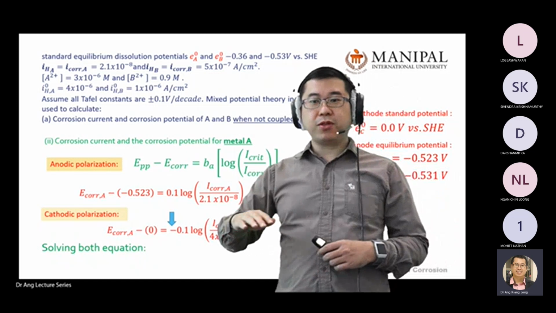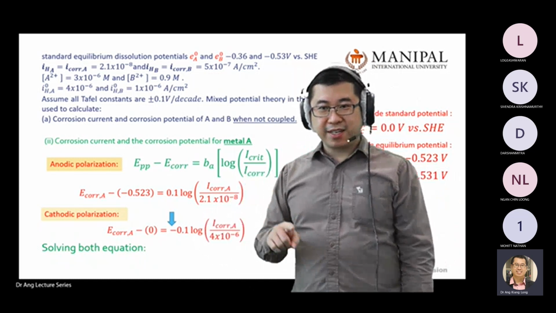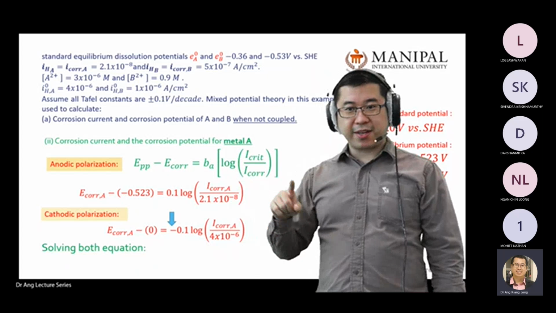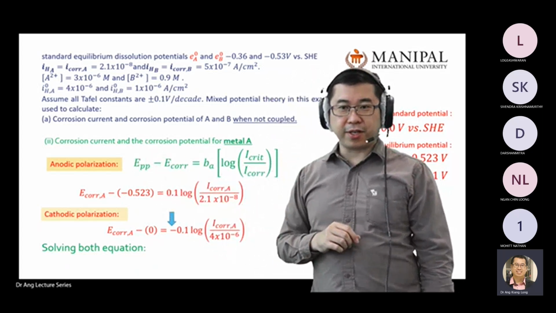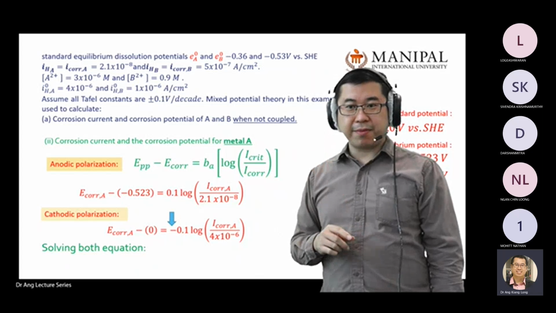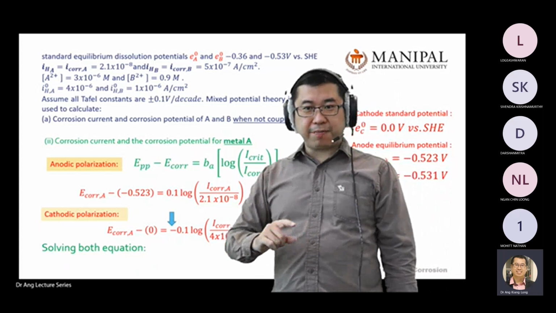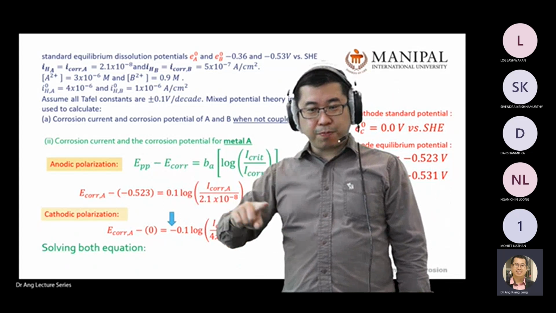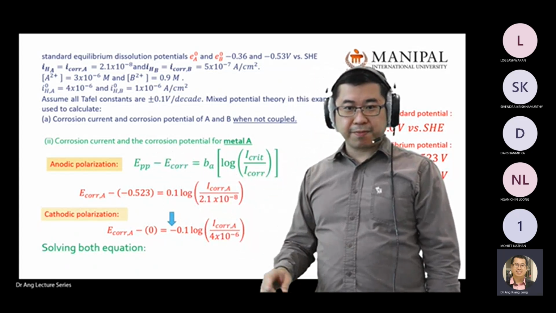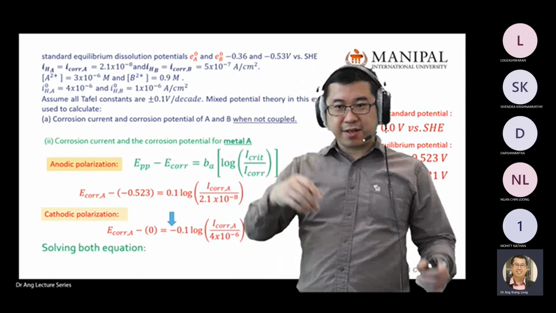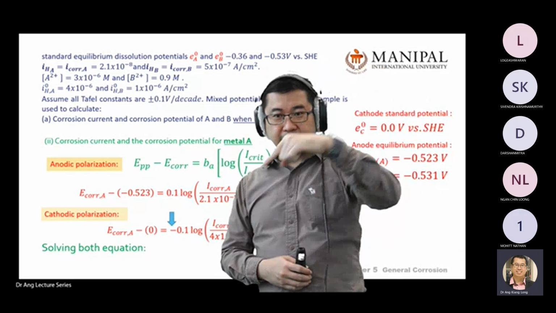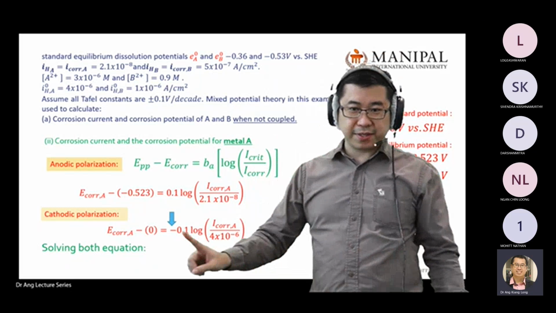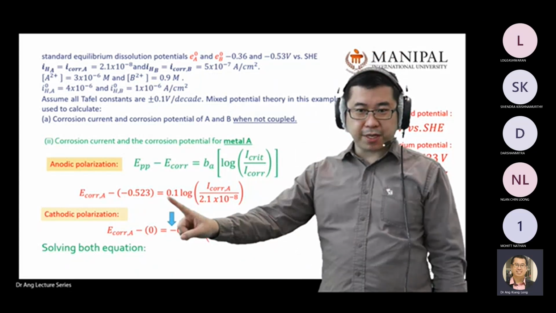What happened to the anodic line? Anodic line, positive line, right? The line for the anodic on the Evans diagram? When you plot anodic, what happened? The line goes with a positive gradient, right? What happened to the cathode? What happened to the high nobility metal line? Negative line, right? That's why one positive, one negative.